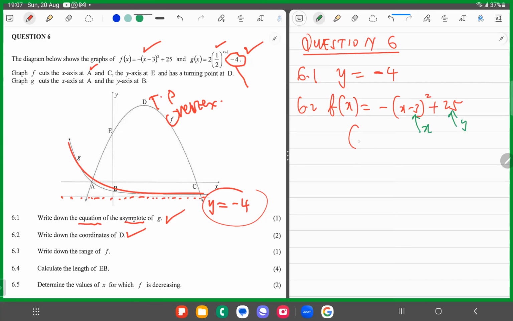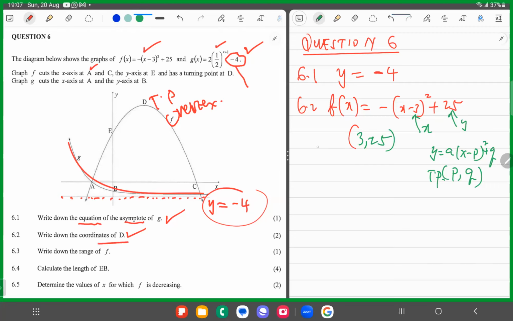From the general function formula (x minus p) squared plus q, you always say the turning point is given by (p, q). So the turning point is given by (3, 25). Right, so those are the coordinates of D, the turning point.